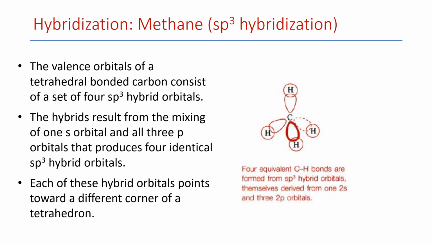Now you have a central carbon with 4 hybridized orbitals, 4 valence orbitals. Each is an sp3 hybridized orbital, and you have the hydrogen with 1 s orbital.